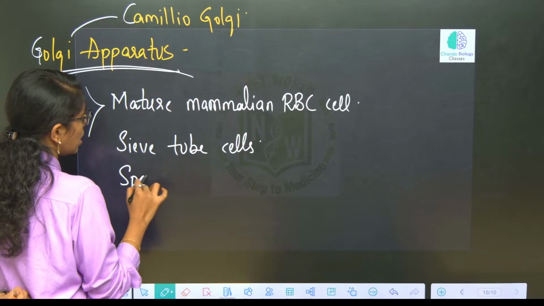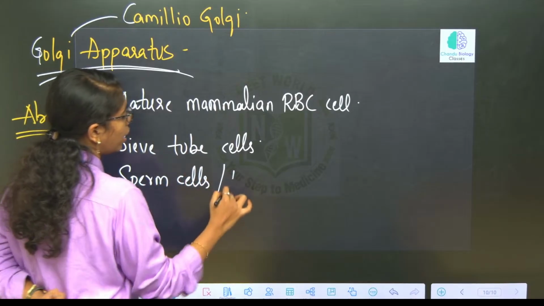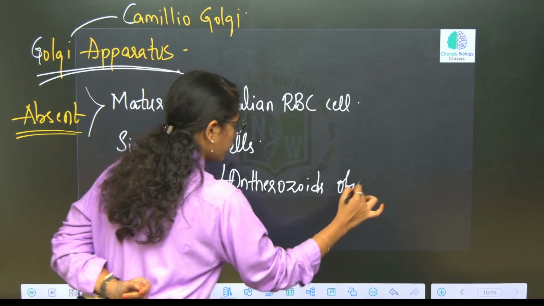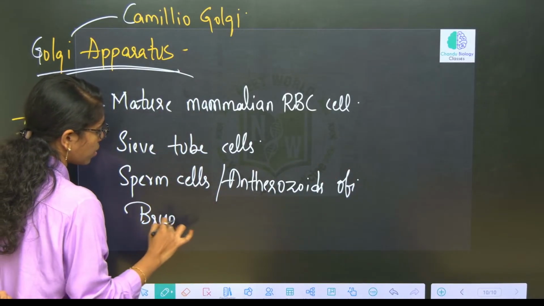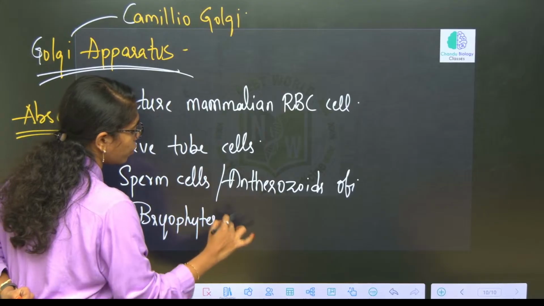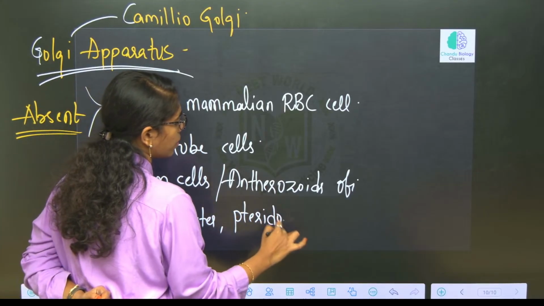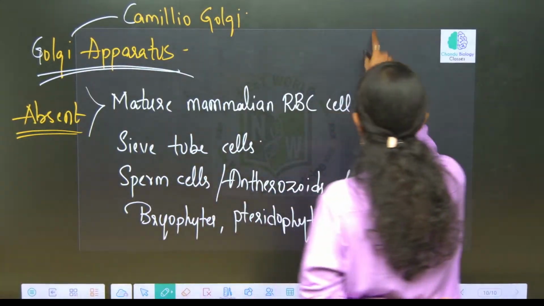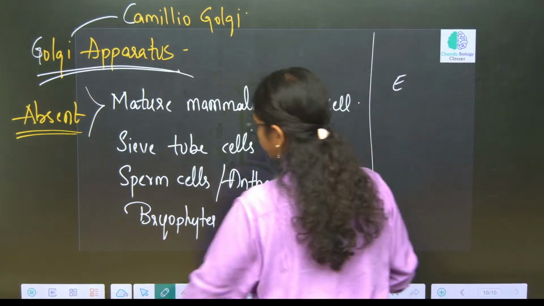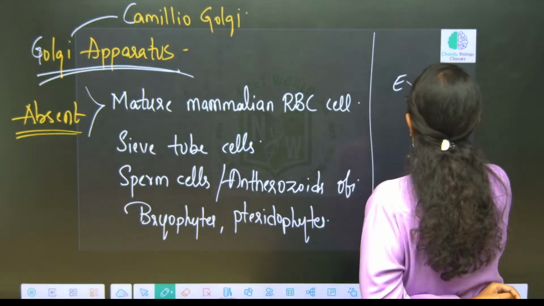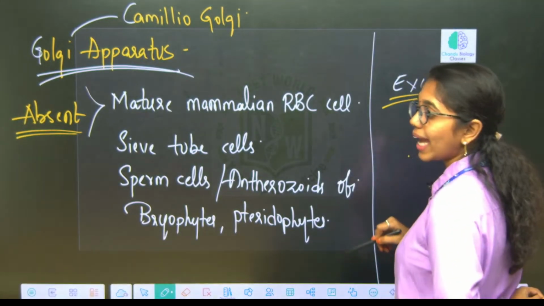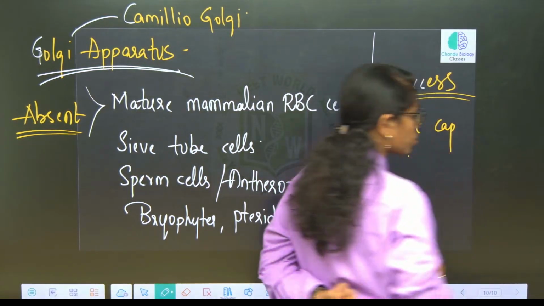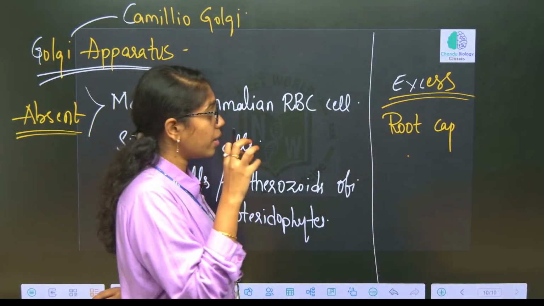We can simply say sperm cells or antherozoids of bryophytes and pteridophytes. Clear, right? And then in which type of cells are Golgi bodies excessively present?